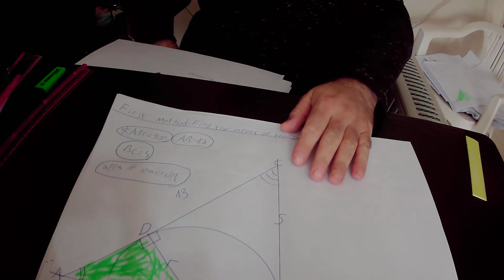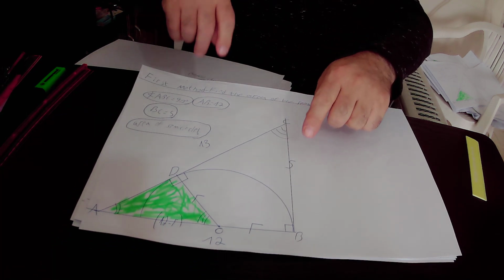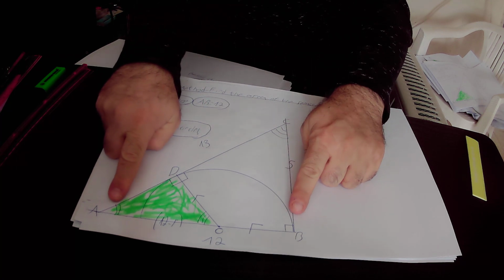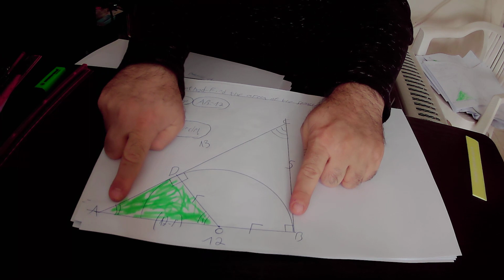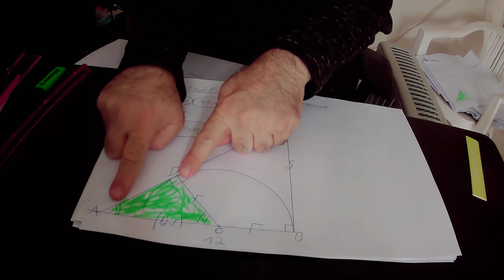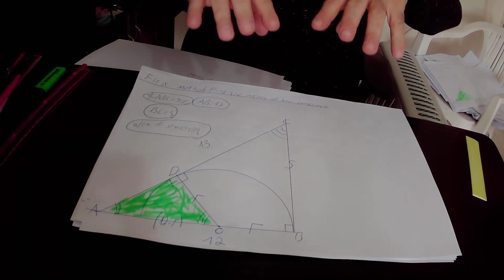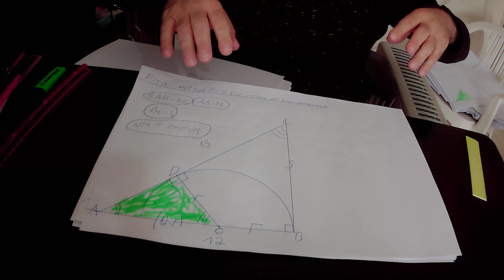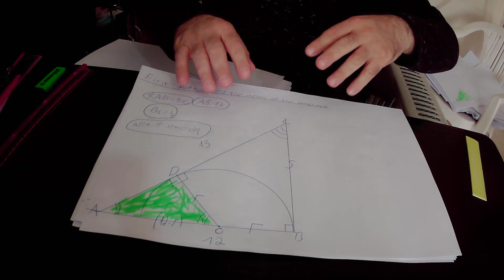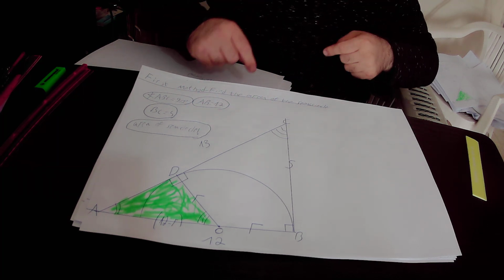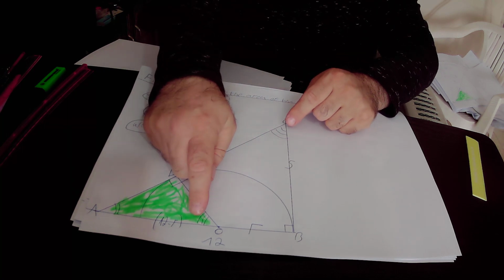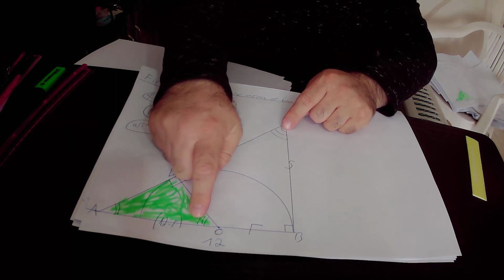And we have here those two angles from triangle ABC congruent to those two angles of the green triangle. Therefore, we have two pairs of angles that are congruent in those two triangles. Therefore, the third pair of angles must also be congruent.